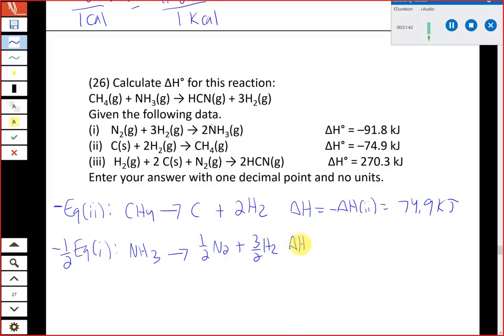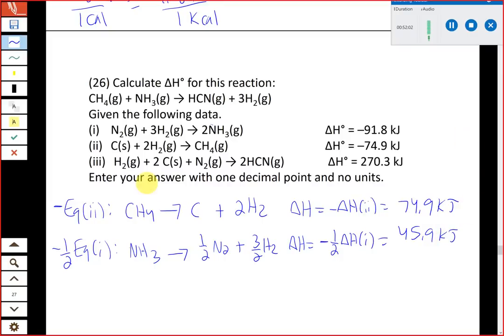For the delta H of this modified equation, we flip the equation and multiply the coefficients by 1/2, so we change the sign and multiply the whole thing by 1/2. So this number here, minus 91.8, is going to be multiplied by minus 1/2 to give us a positive number once again of 45.9.